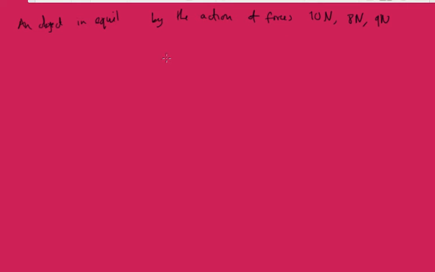And it's shown like this. So we've got our 10 newtons, and then we've got 8 newtons, and we've got 9 newtons, and they're at angles theta and phi. So we want to find the angles.